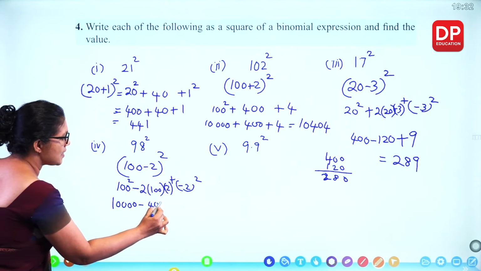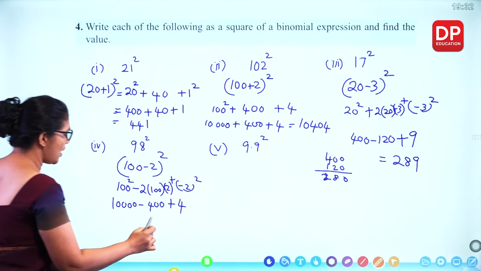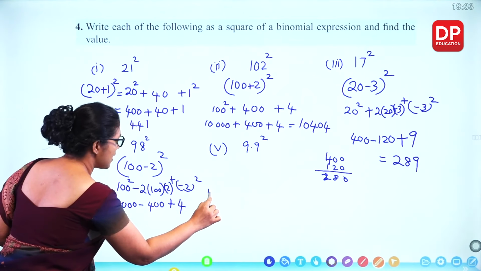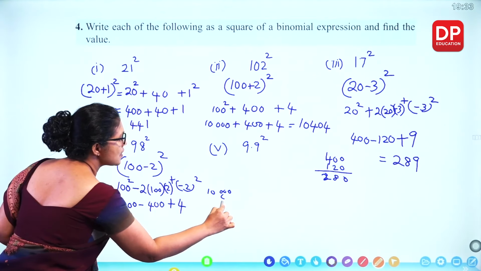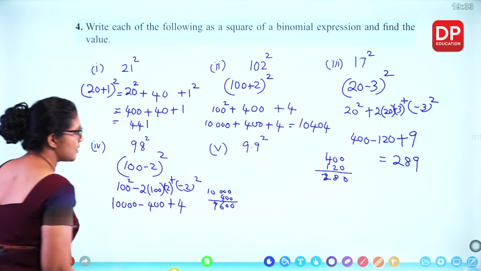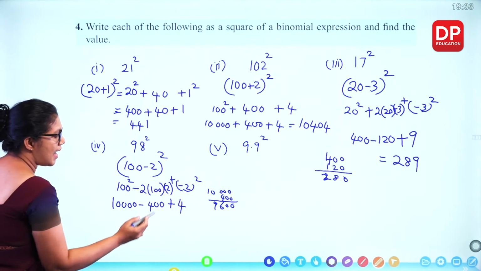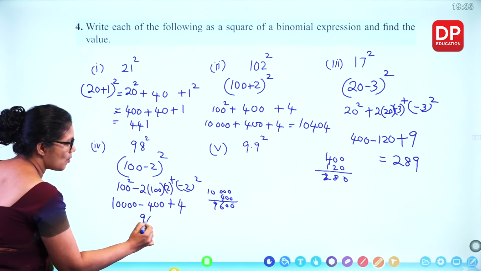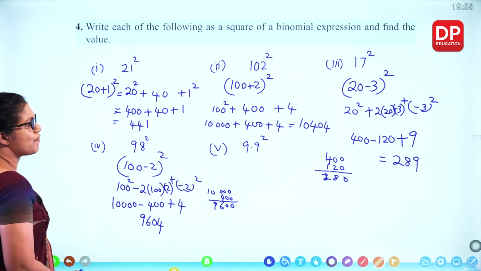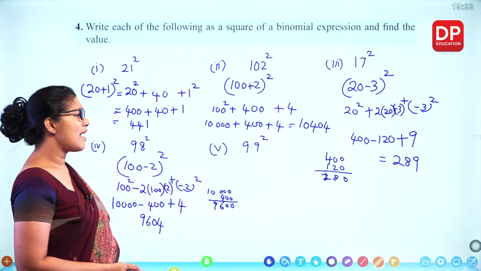So you get minus 400 plus 4. Simplify this one. You get 10,000 minus 400. So what's that? You get 9,600. 9,600 and adding 4 becomes 9,604.